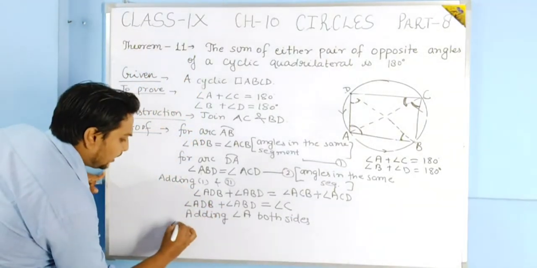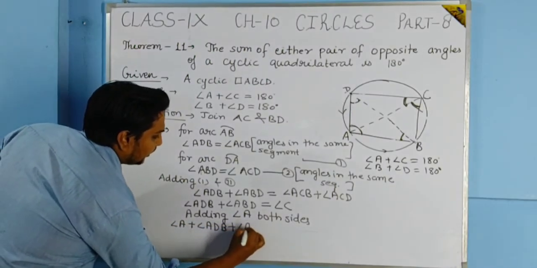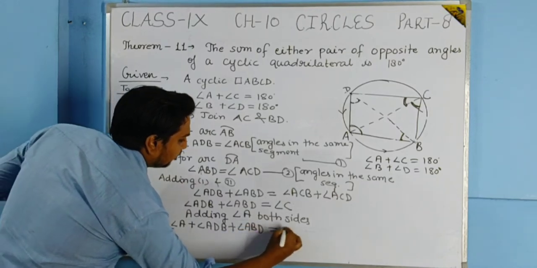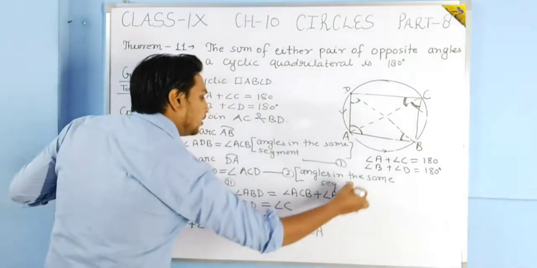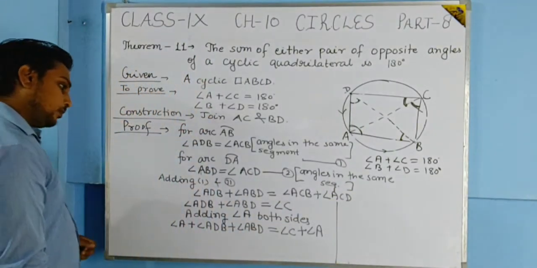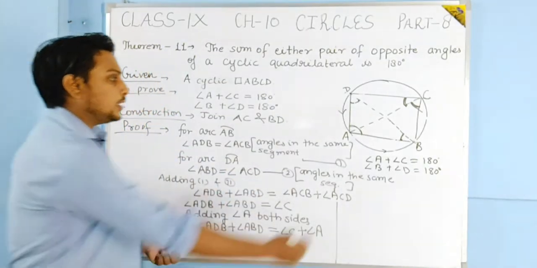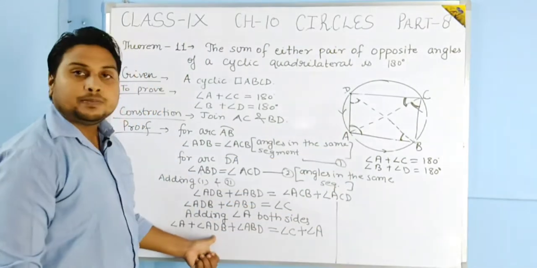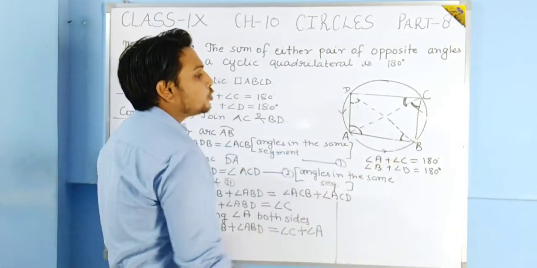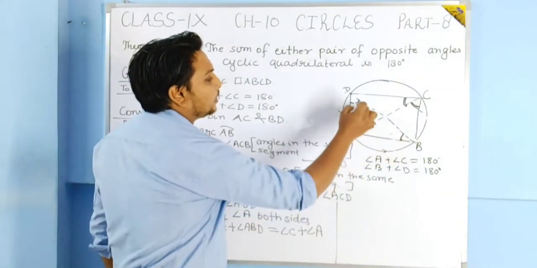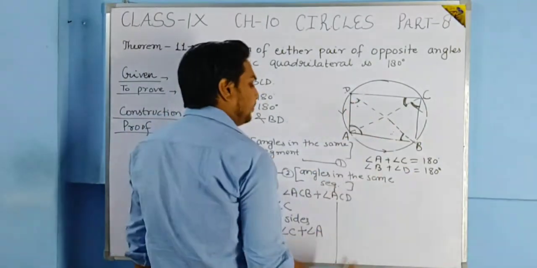So here we will add angle A plus angle ADB plus angle ABD is equal to angle C, and in the right hand side also we have to add angle A. Now students, after this step, see, angle A, this angle, plus angle ADB, this angle, and plus angle ABD, this angle. So we know that the sum of these three angles will be what? 180 degree, because the angles are of the triangle ABD.